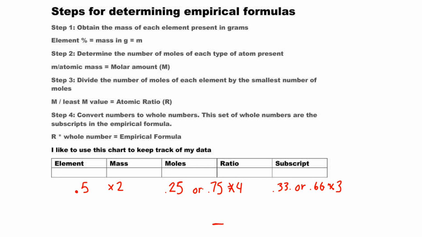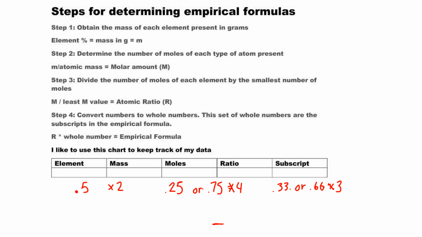Now, I struggled as a student keeping my data organized, so as I got older, I started putting things into charts. The chart I'm going to use has a column for the element, where I write the chemical symbols; a column for mass; a column for moles, which I fill in when I solve for them; and a column for the ratio.